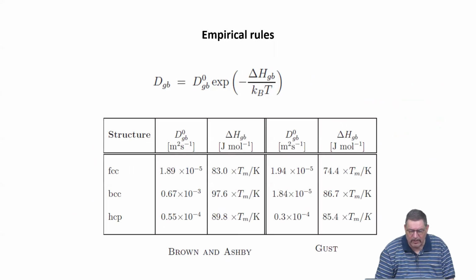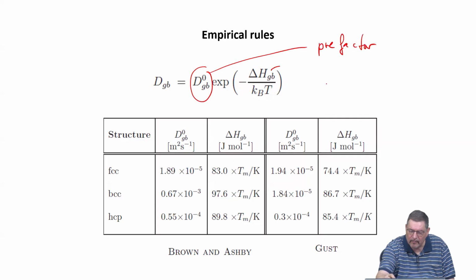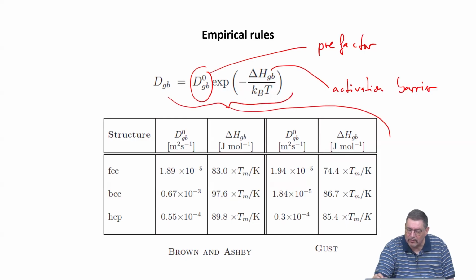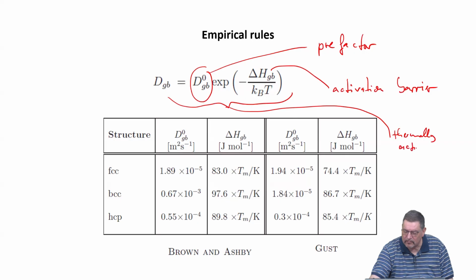So the grain boundary diffusivity has a prefactor and an activation barrier, right? And this all tells you, because you relate the activation barrier to the thermal energy kBT, that it's again a thermally activated process.